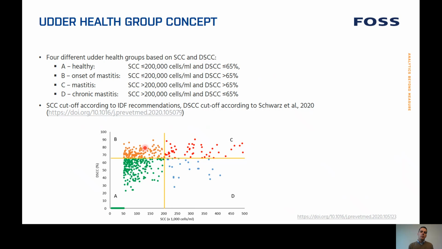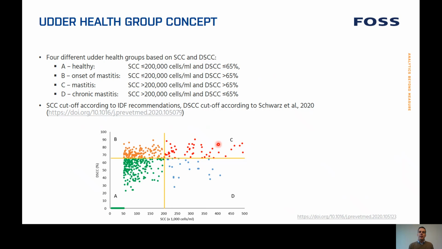In group B, we are still in the low somatic cell count area, but based on DSCC, we already see some activity in terms of the immune system, a lot of neutrophils, and as I explained earlier, the neutrophils are there to fight bacteria, and this is what we see in group B. So these cows are considered to be in the early stage of mastitis.